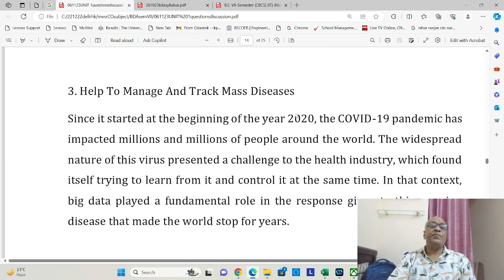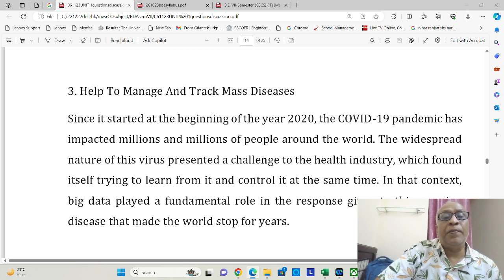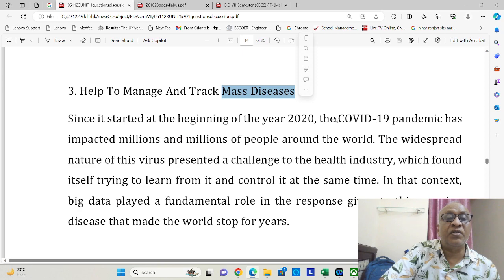The third application being mentioned is tracking and managing mass diseases. This is especially prominently visible in the recent COVID-19 pandemic.